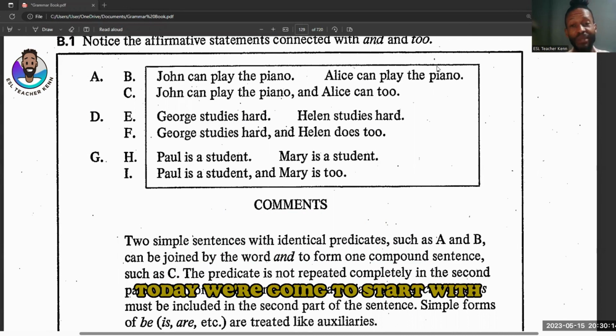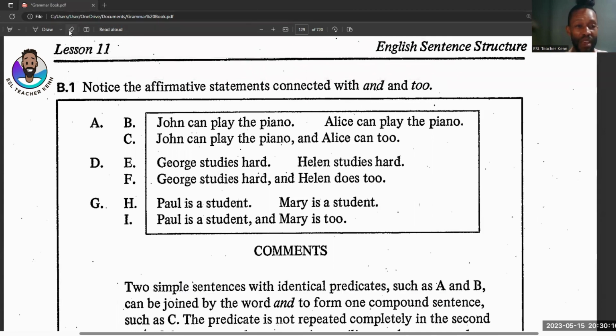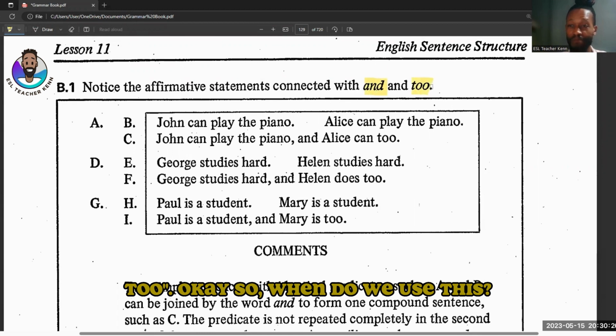Today we're going to start with the correct structure of using "too" and "to." Okay, so when do we use this?